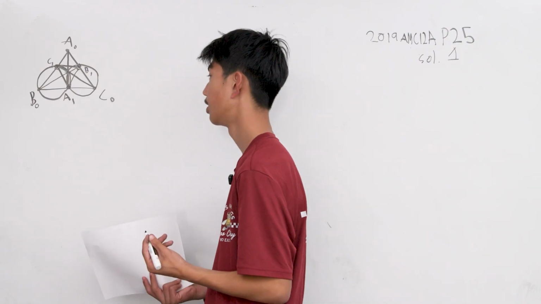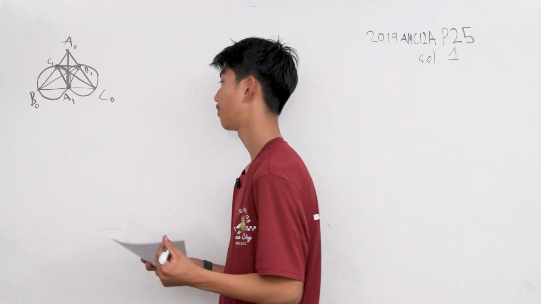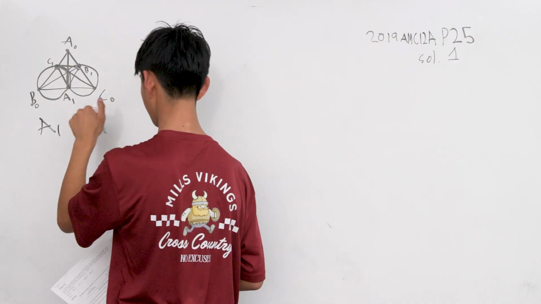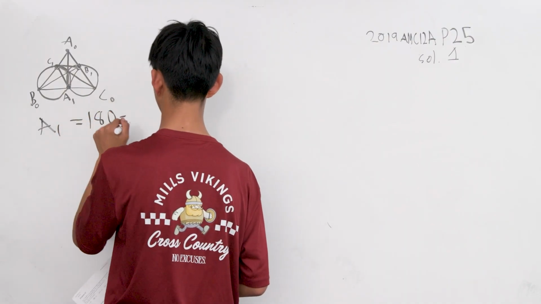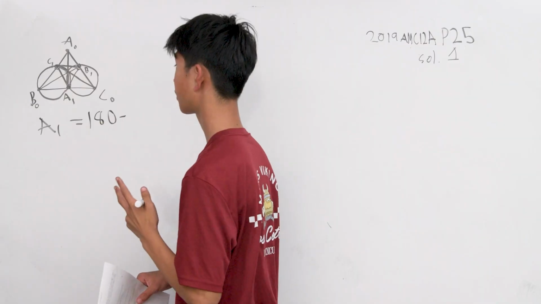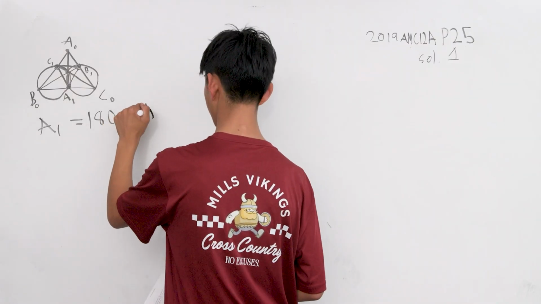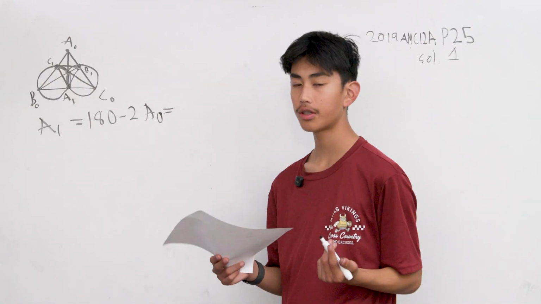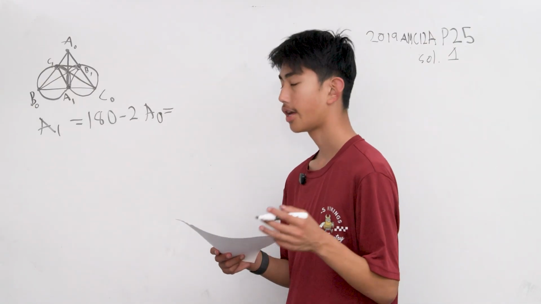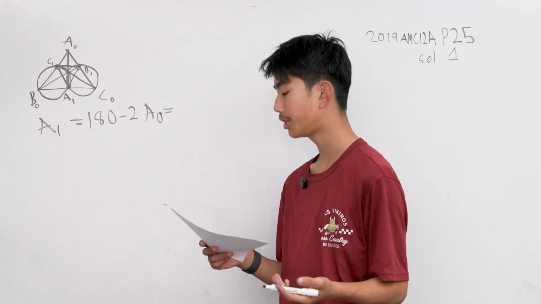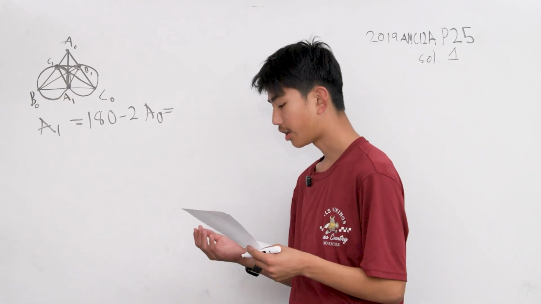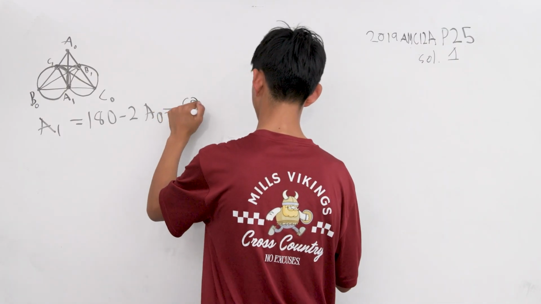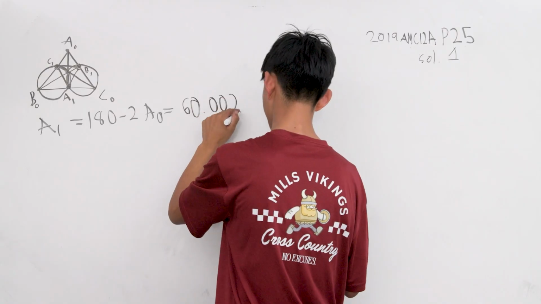So therefore, we can say that the angle measure of A sub 1 is 180 degrees minus 2 times the angle measure A0, which we can just assign to A, B, and C. So let A0 be 59.999, so A1 is 60.002.